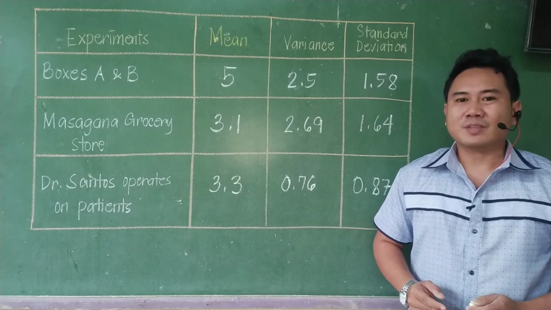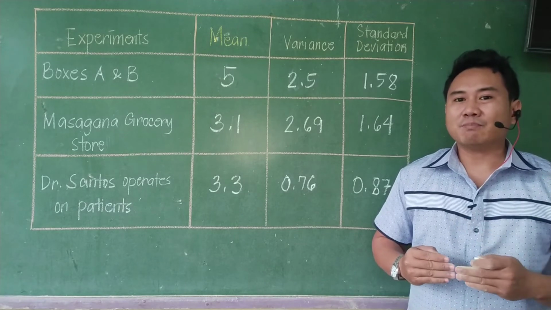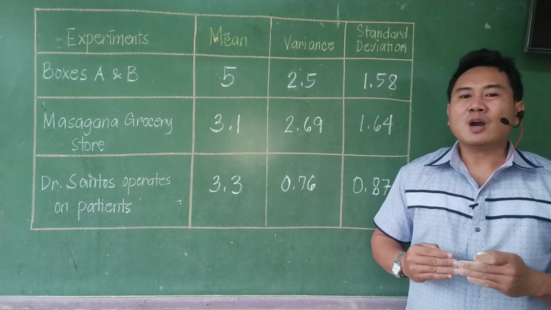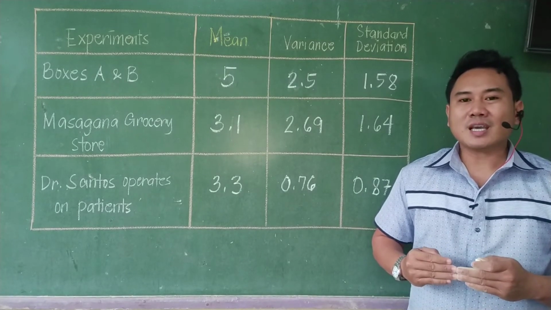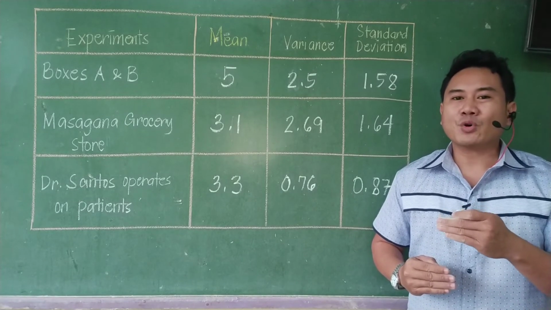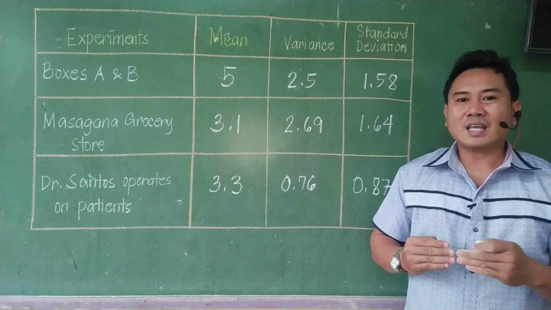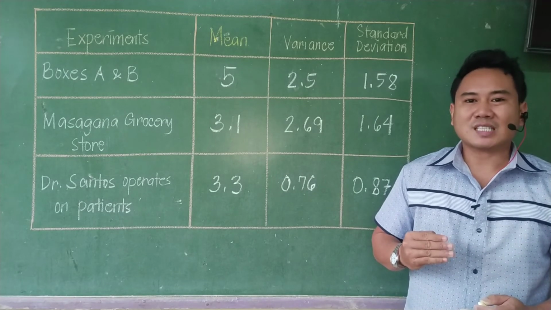What does it mean? The next score above the average 3.1 and below 3.1 would be 1.64 units away. So we can say that the next number of items that the customer buys would be 4.74 and the next item below the average would be 1.76.